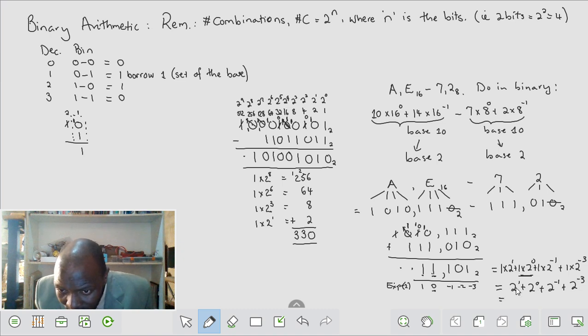This here is obviously 2, no 3. This is 2 and 1. 2 and 1, that is 3.